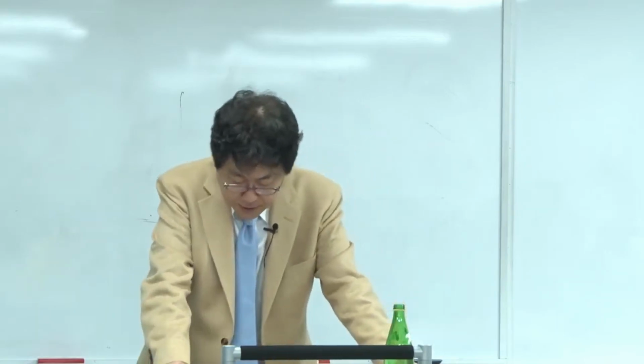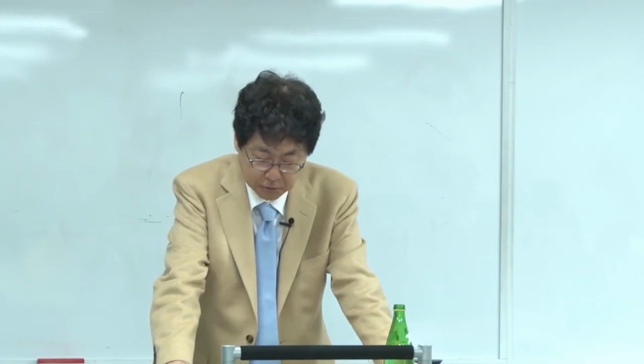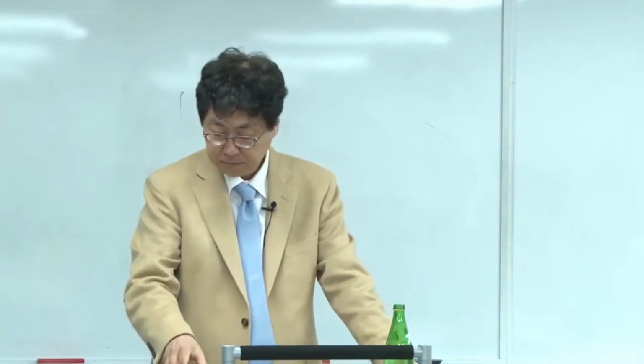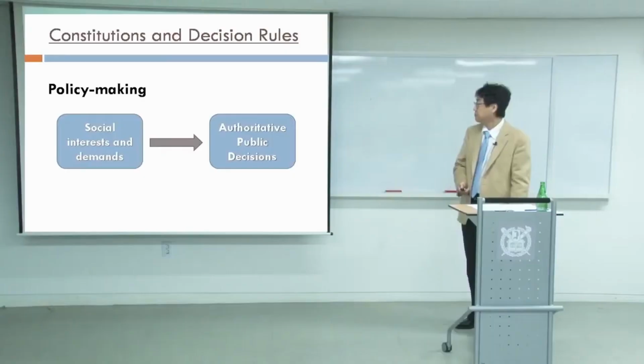Perhaps the most important rules that constitutions establish are those that govern the policy-making process. And policy making is the process to transform social interests and demands into authoritative public decisions.